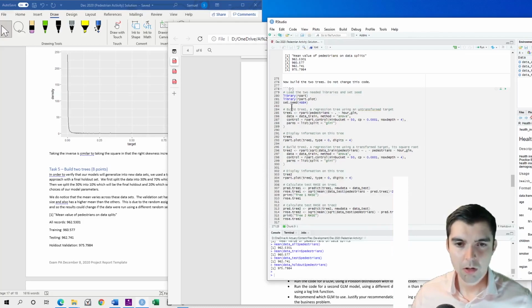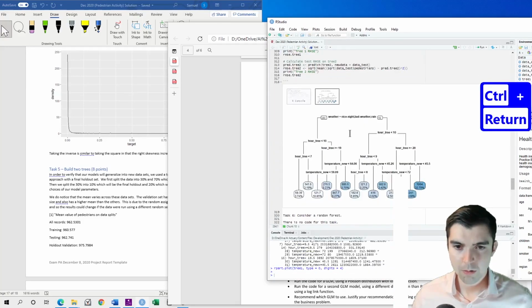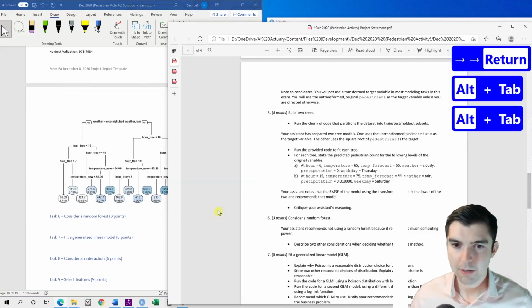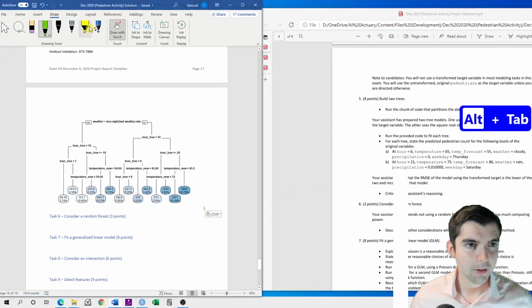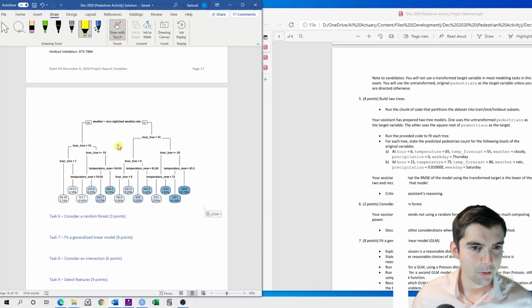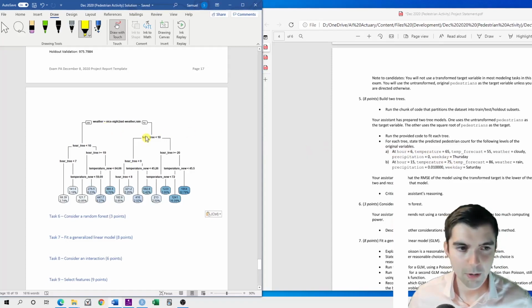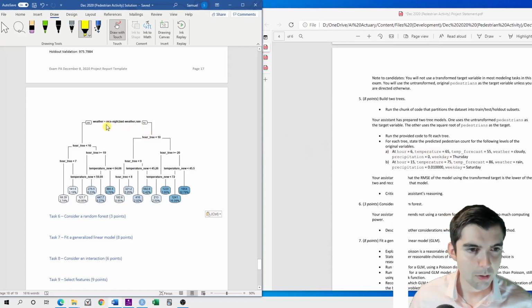So let's look at this first tree. We have to look at hour 6. So let's grab the highlighter. Is hour equal to 6? The first variable here is weather. It's cloudy, so this is bad weather. So that means here. And then our hour less than 6, yes. And our hour less than 7, yes.